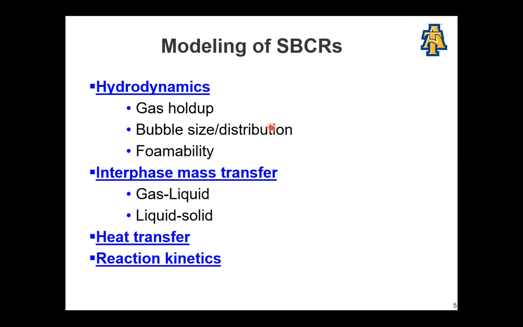Also, these characteristics are influenced by the physical properties of the gas, the liquid, and the solid phases, which are the catalysts. It's also influenced by the operating parameters, the pressure and the temperature, and by the reactor design parameters, the column diameter and the distributor. So there are quite a number of factors affecting the hydrodynamics of a slurry bubble column reactor.